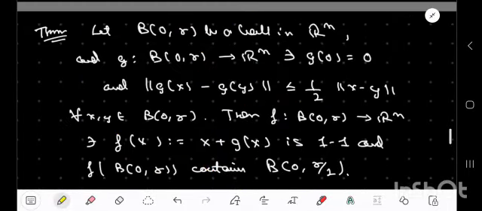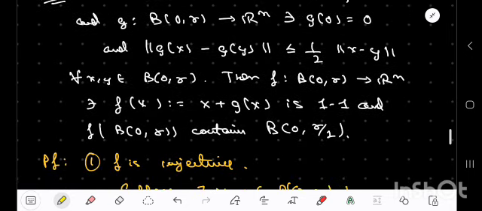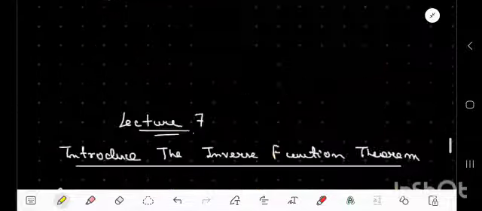So this was the statement: if I have a ball in R^n around the origin, and a function g such that g(0) is 0 and g is a contraction for every x, y in that ball, then if I choose the function f from the ball to R^n defined as f(x) equals x plus g(x), I have f injective, and the image of the ball contains the ball around the origin of radius half of the initial radius. So we will essentially make use of this here.